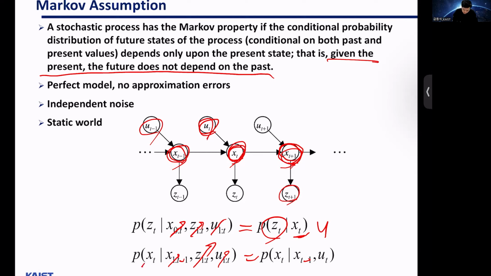But for xt, it's a function of xt minus 1 and ut, okay? So that leads to zt, okay?